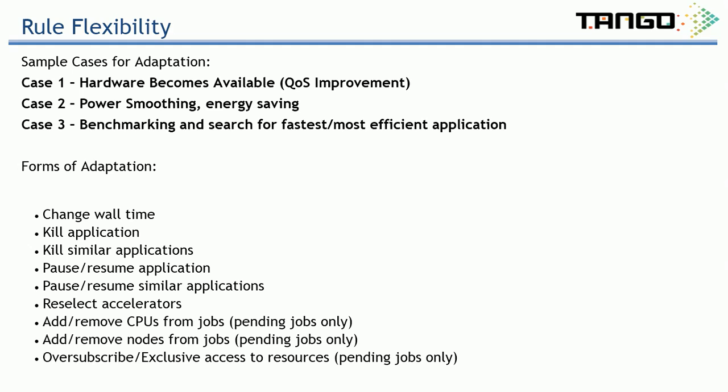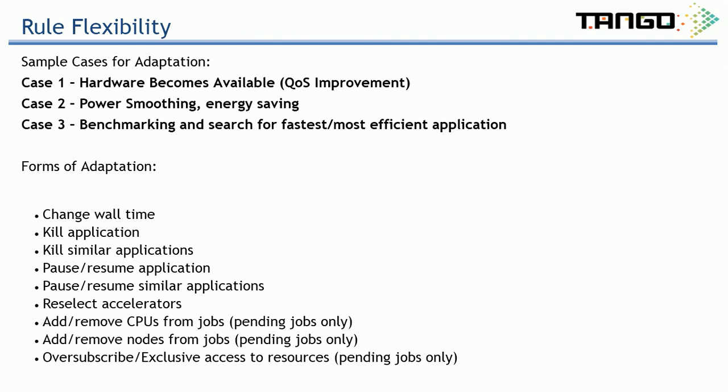We can also look at benchmarking of applications as seen in the demonstration, so we can run two implementations of the same application side by side and see which is the most energy efficient, which is the quickest, which is the one which uses the least power.